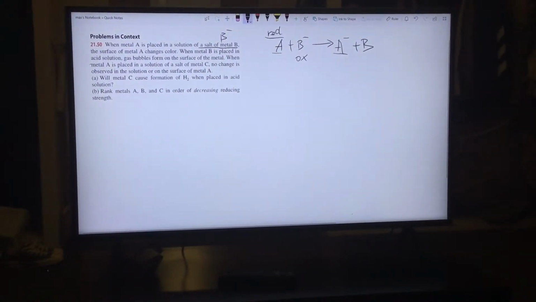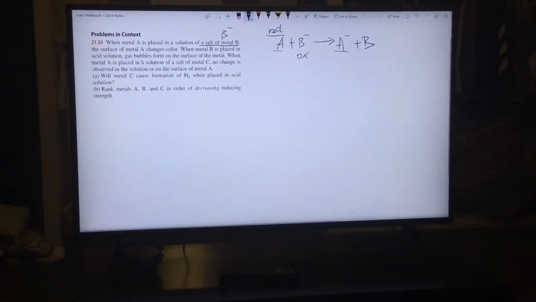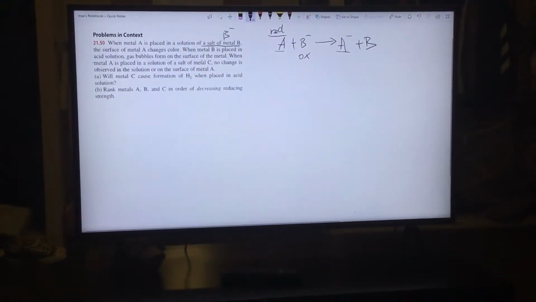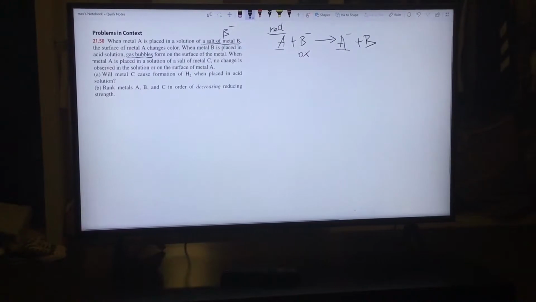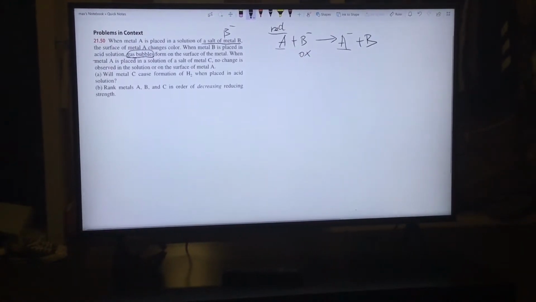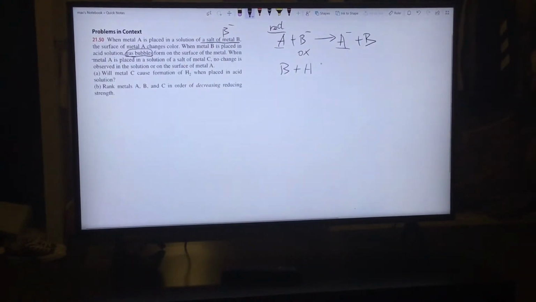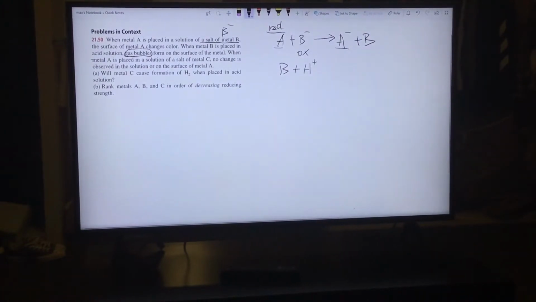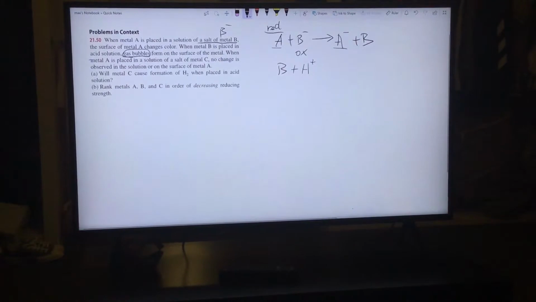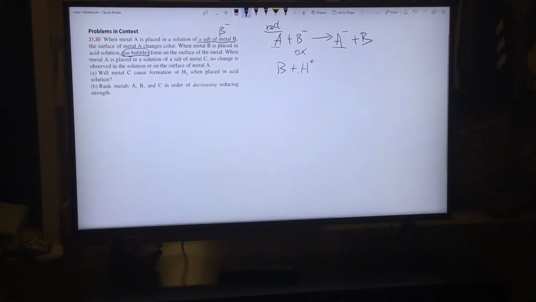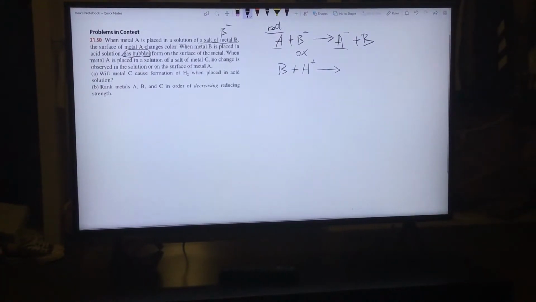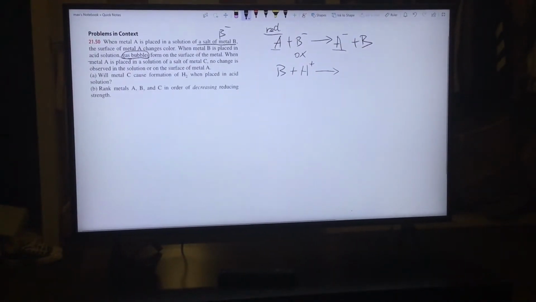And keep reading. So when metal B is placed in an acid solution, gas bubbles form on the surface of the metal. Gas bubbles. Okay, that's the key word in this sentence. So when B is placed in an acid, let's just assume acid because there's always H plus in all acid. Let's just use the H plus. And B plus H plus, because it's bubbling, you can assume that B is going through oxidation.